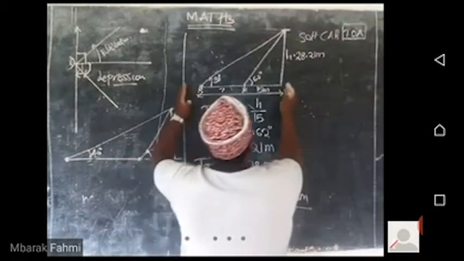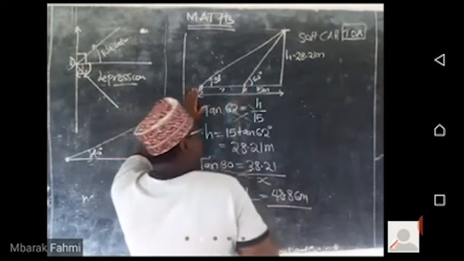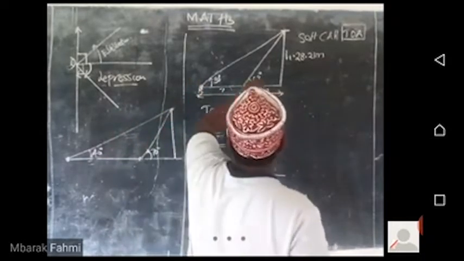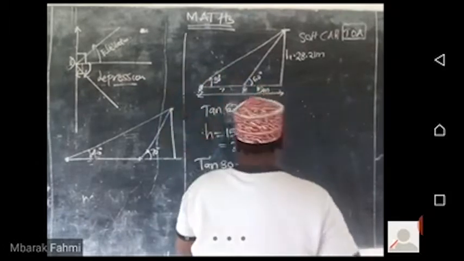Now that is full. But we asked the distance between P and the wave. So the distance between them, we have to subtract this 15. Whatever will remain will be the distance between them.